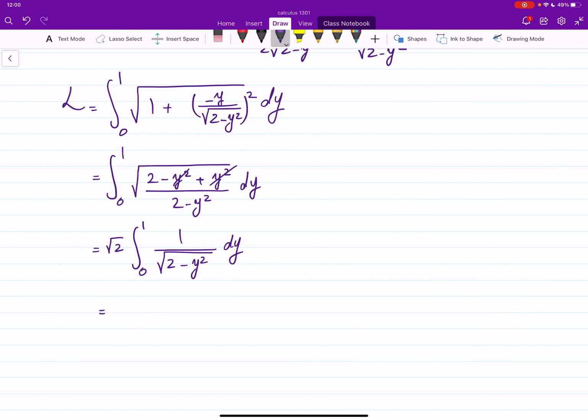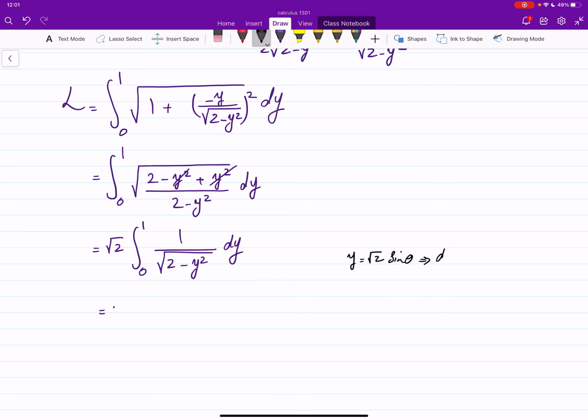Well, this is just a simple integral. You can do it different ways. For example, I can use y equals root 2 sine theta.